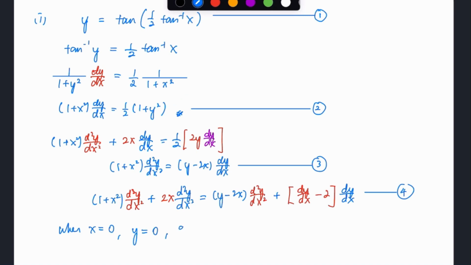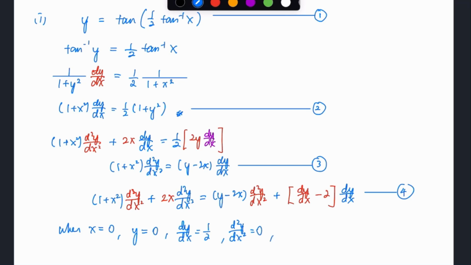So immediately you can see that dy/dx itself is equal to half. From this equation, this one is 0, so this whole thing is 1. This is 0 minus 2 times 0, so this whole thing is 0. So the second derivative is equal to 0 straight away.